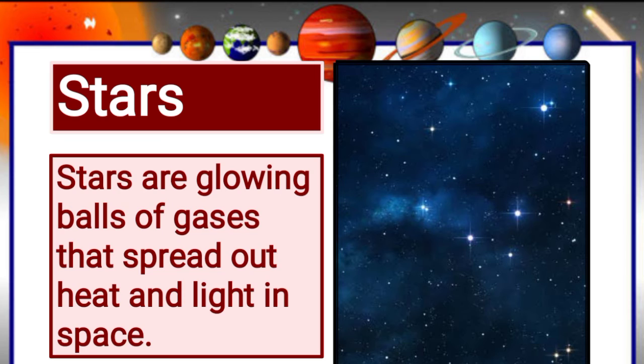The closest star to Earth is the Sun. Countless more stars are too far from Earth to be seen without a telescope. Most stars are incredibly far away from Earth.